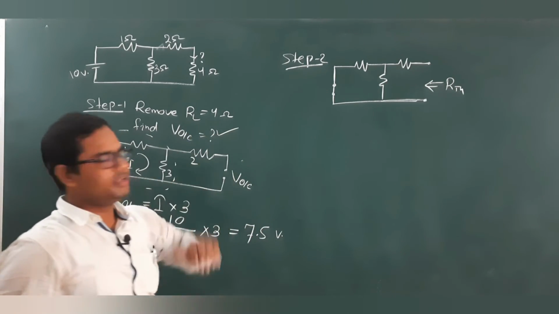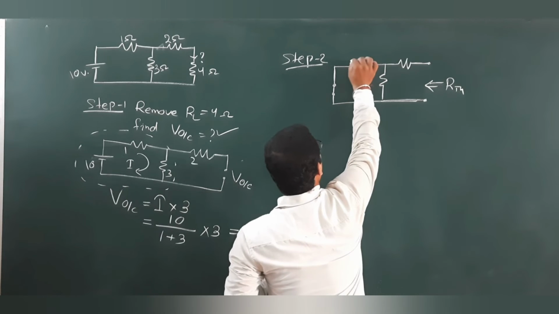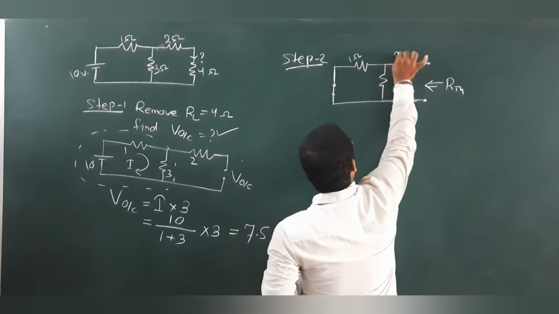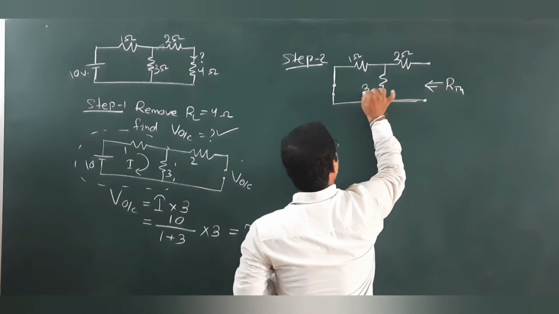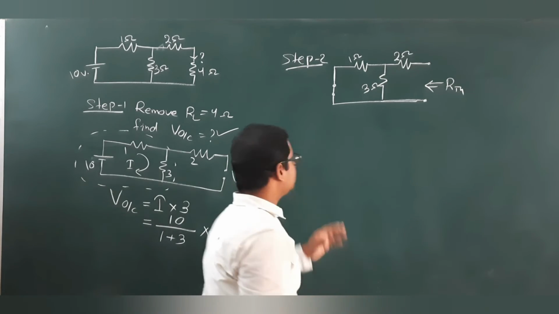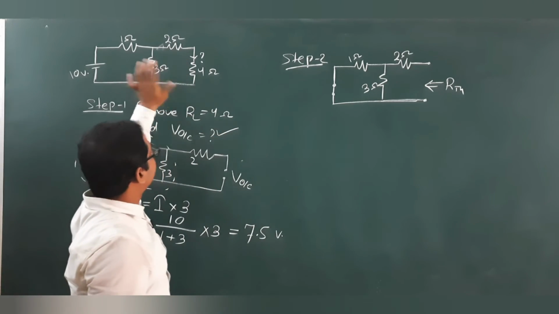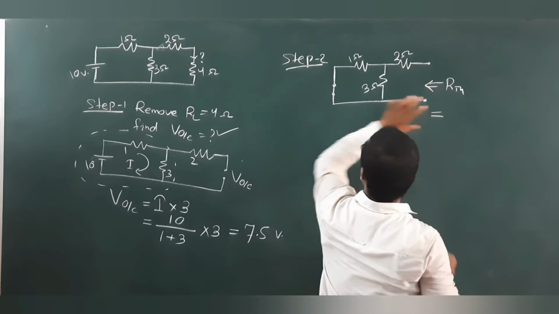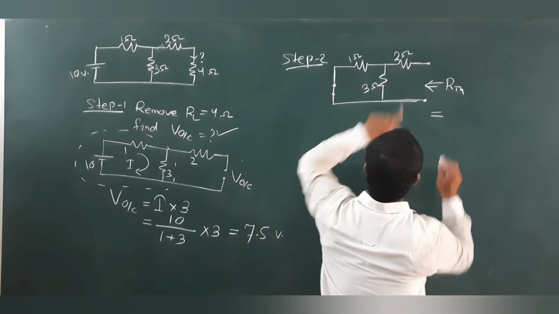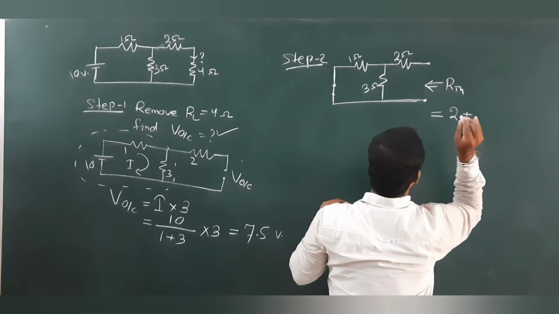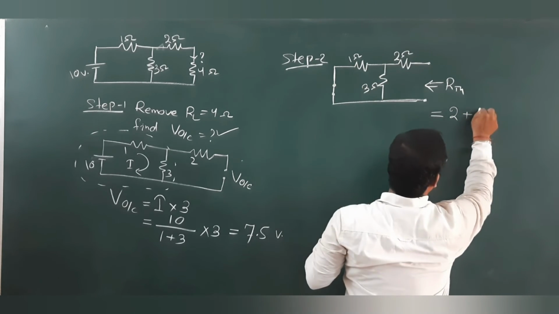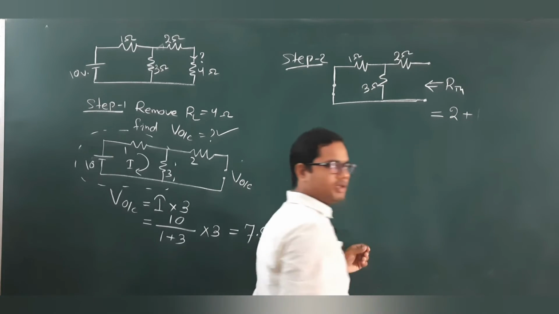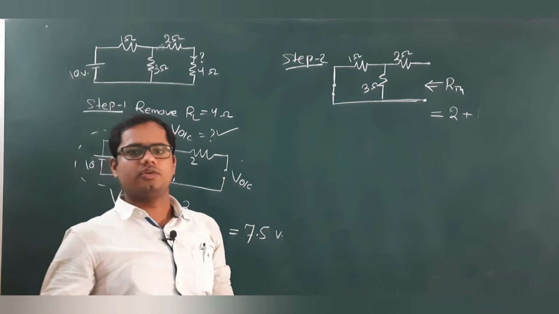For the RTH, here it is 1 ohm, it is 2 ohm, and this one is 3 ohm. This is given in your question. So how much is RTH? The RTH value will be 2 plus 1 parallel 3. I am solving the equation directly.